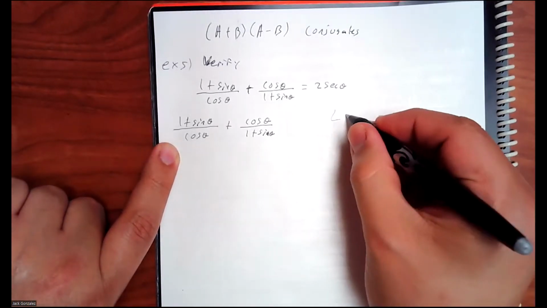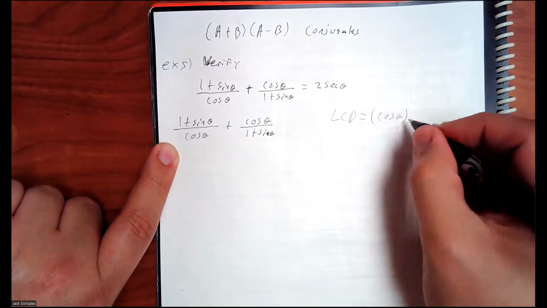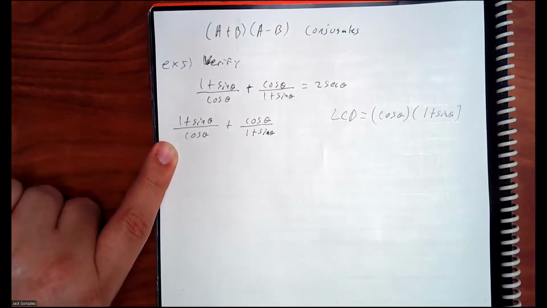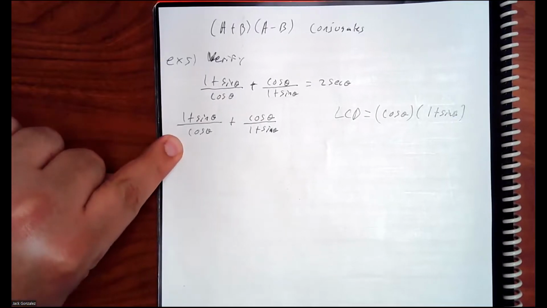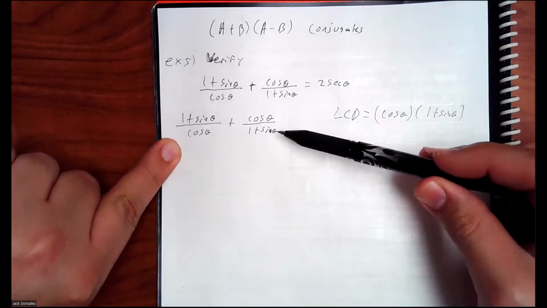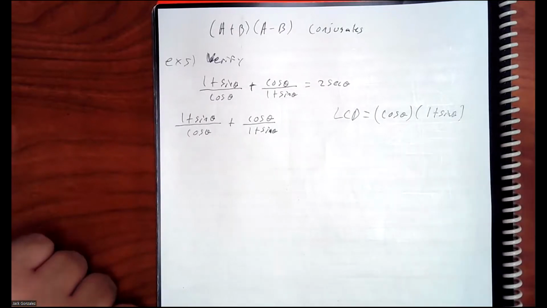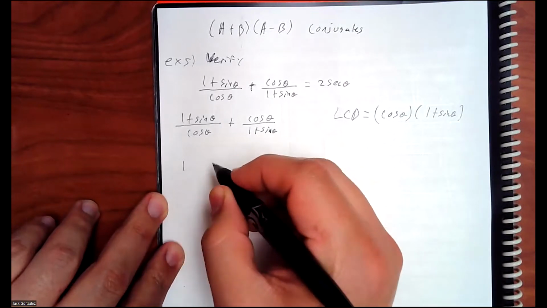So LCD here is this. So introduce this to both fractions, whatever they're missing. So this one needs a 1 plus sine. And this one needs a cosine. Very good.